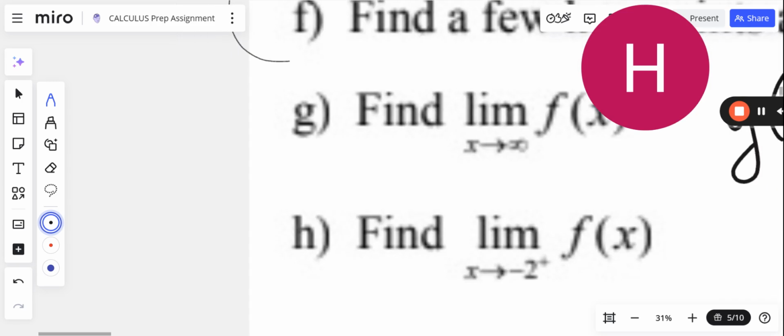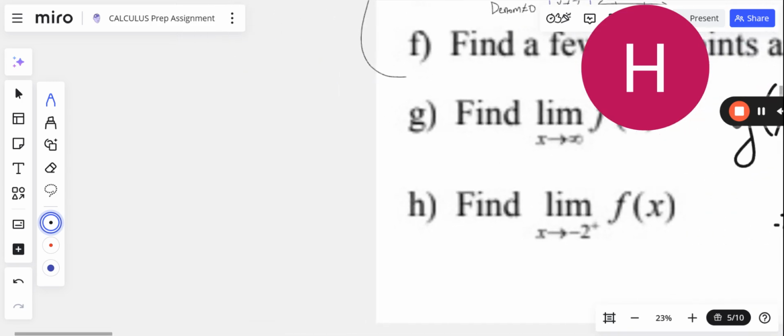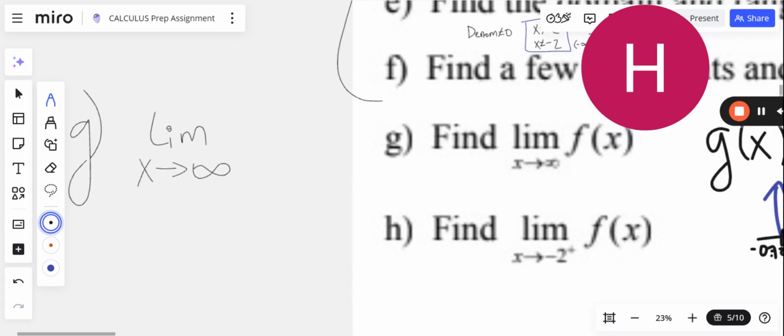It's kind of hard to see it. I'm going to rewrite it here. G says the limit, which you might not have seen yet, as x goes to infinity. So what are we looking for? What does limit mean?